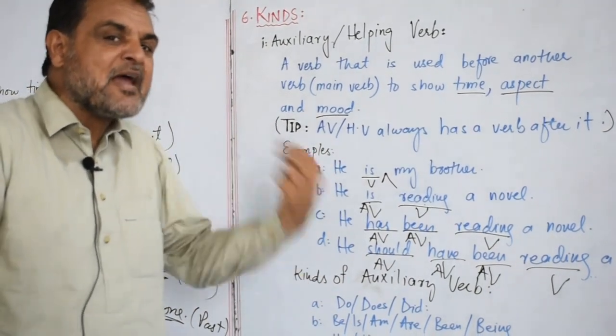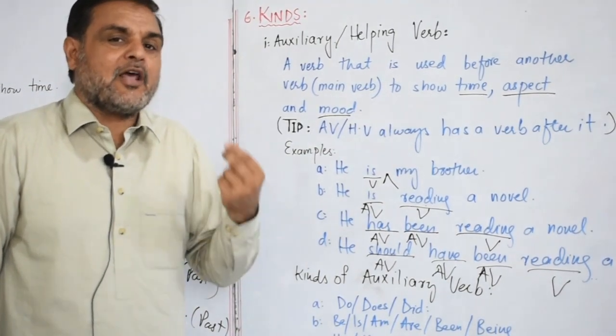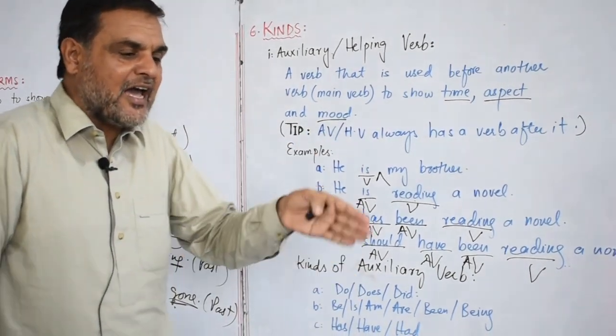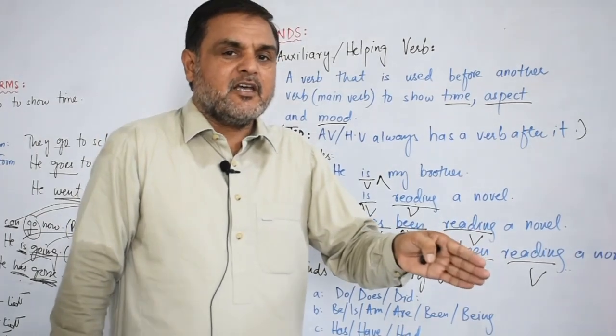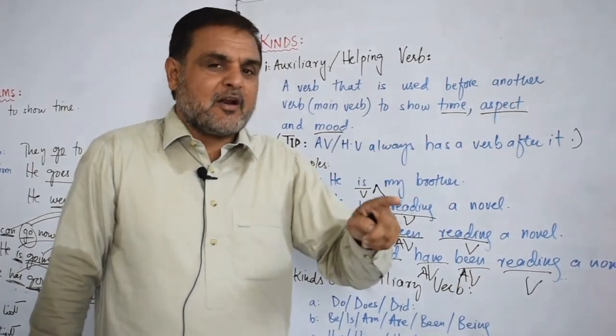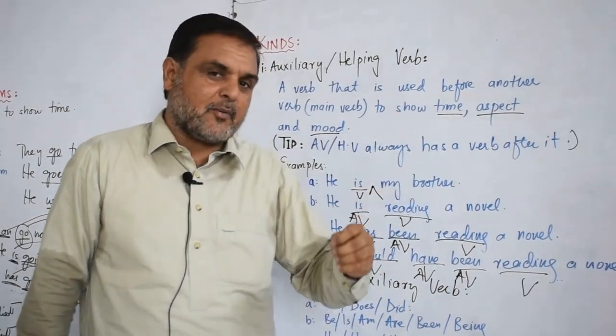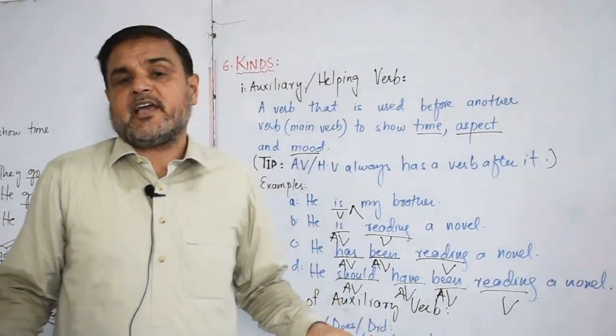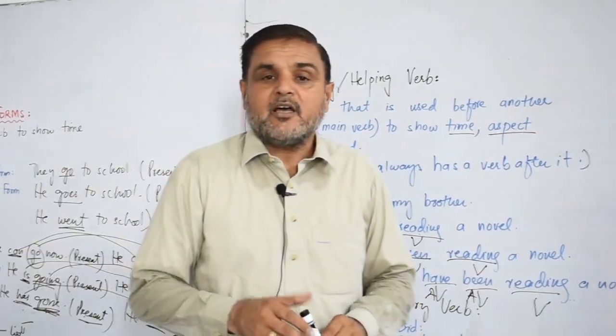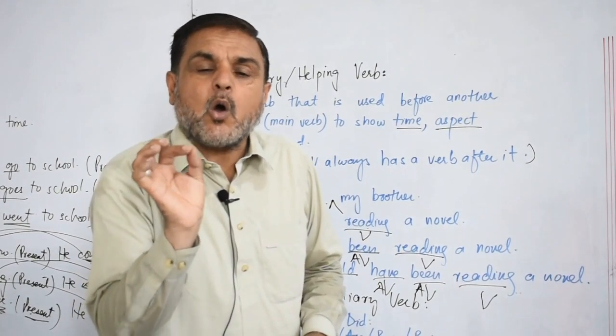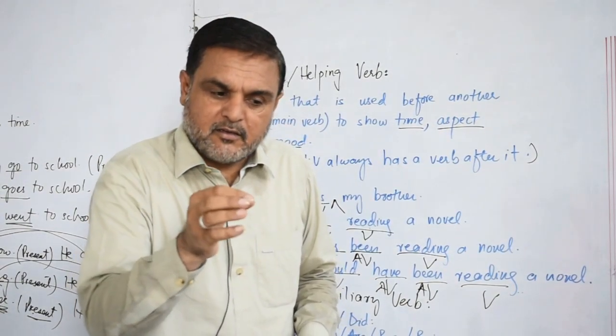What exactly is meant by an auxiliary verb or helping verb, and why does a helping verb always have at least one verb after it? It should have one verb after it, otherwise it will not be called a helping verb or auxiliary verb. Remember the word auxiliary or helping.